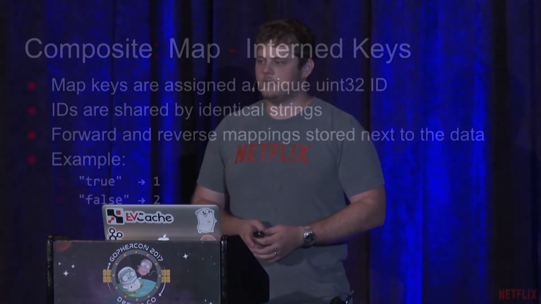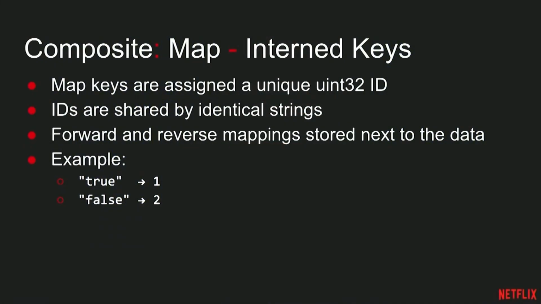There's an assumption in this system that maps are going to have very repetitive keys across many different records. If you think about it in terms of Netflix, say video history, we're going to have lots of people who watched Orange is the New Black, and they're all going to have a map with a key, Orange is the New Black, and if we store that string everywhere, it's going to get really huge.